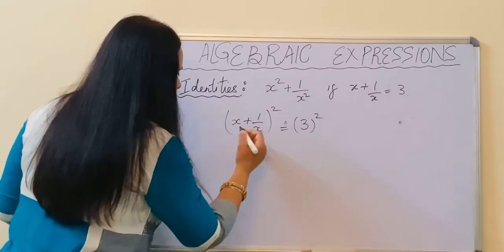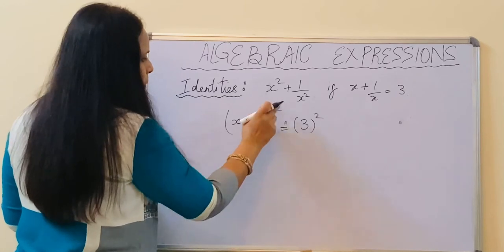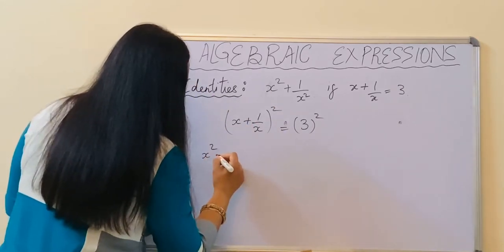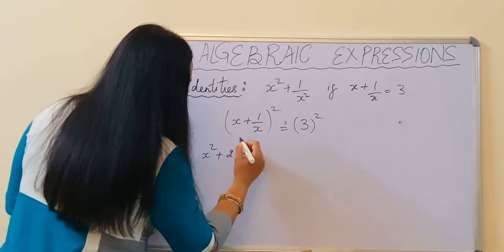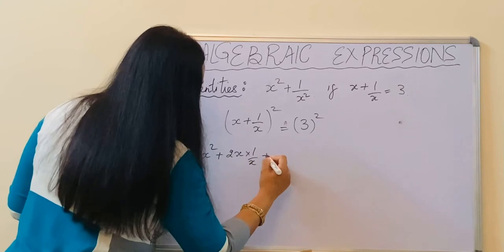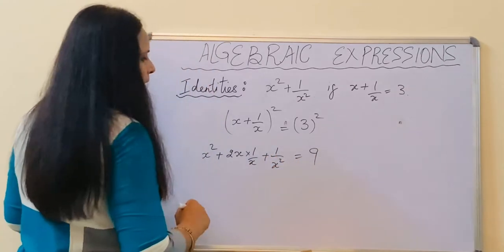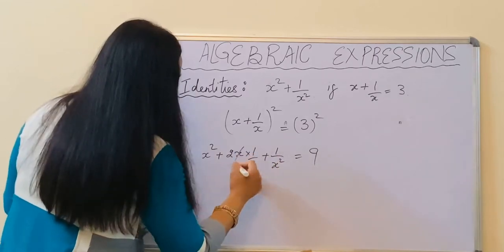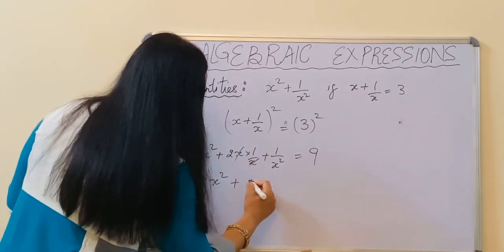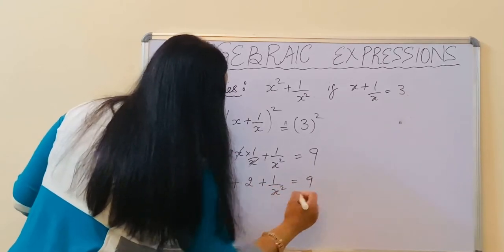Solving this, again it is an identity, a plus b whole square. Using that identity, x square plus 2 into x into 1 by x plus 1 by x square is equal to 9. Now x cancels out x, so x square plus 2 plus 1 by x square is equal to 9.